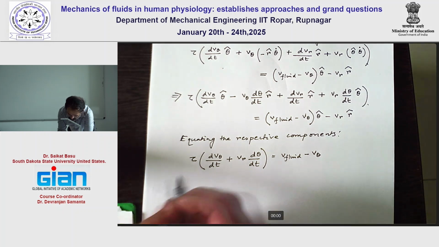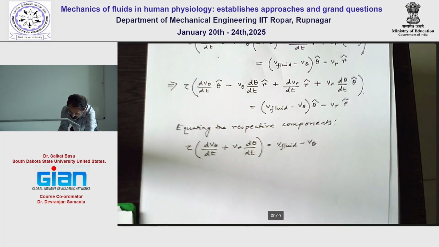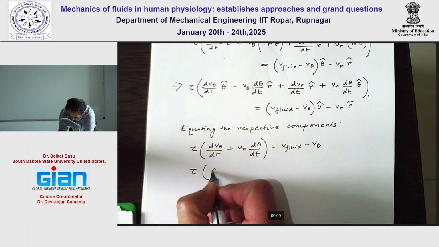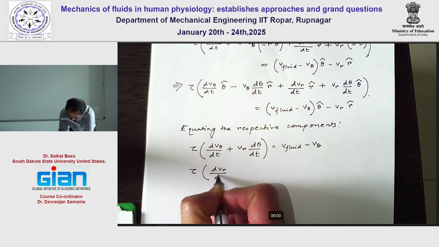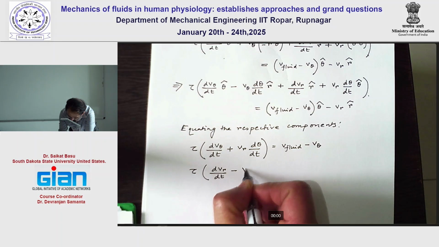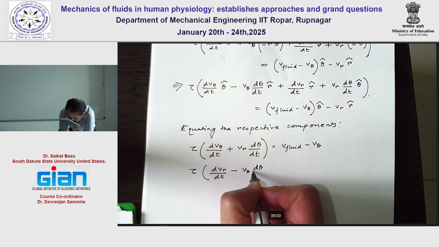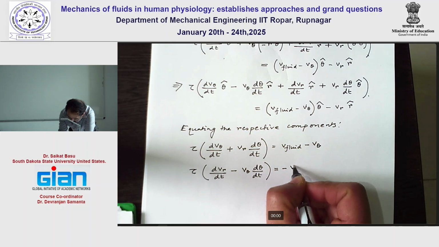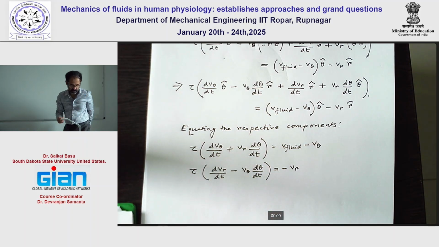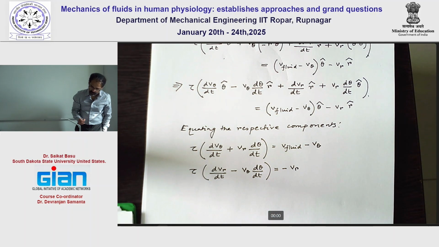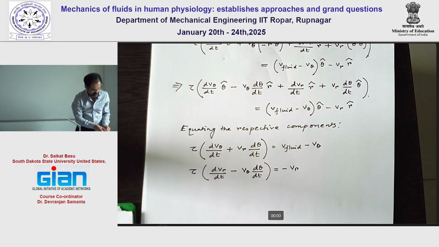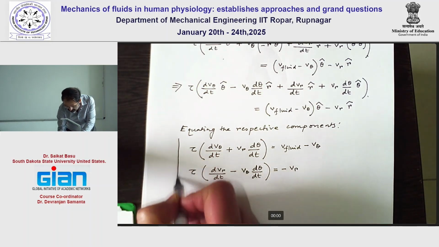And then the radial component on the left hand side is tau dvr dt minus v theta d theta dt, is equal to minus vr. Okay, so let's call this equation C.